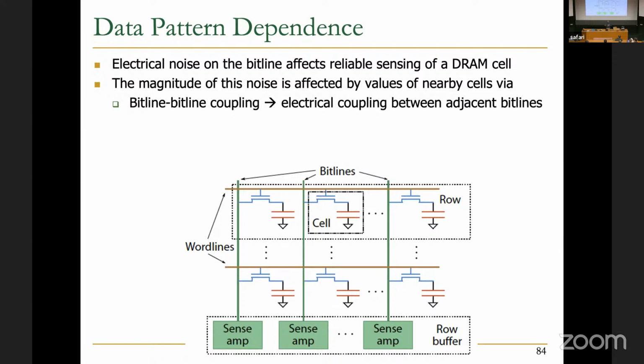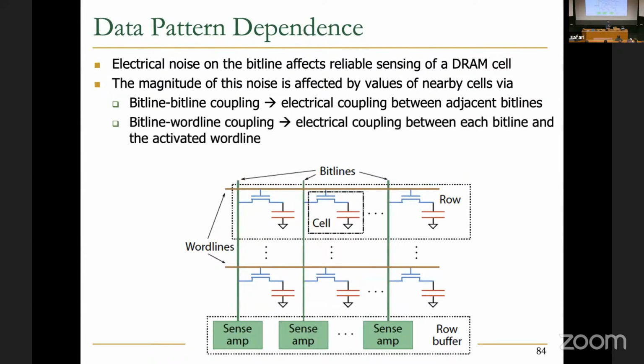In RowHammer, we will see word-line coupling. So you have some data in this blue bit line and some other data in the red bit line, and they can change the reliability of that sensing process. There's also bit-line word-line coupling. Basically, you activate this word line with some relatively higher voltage to enable these access transistors, and that can also introduce some noise on the sensing.